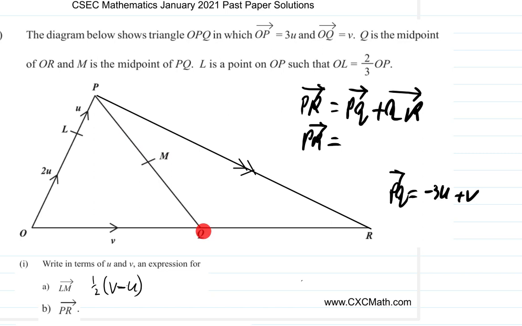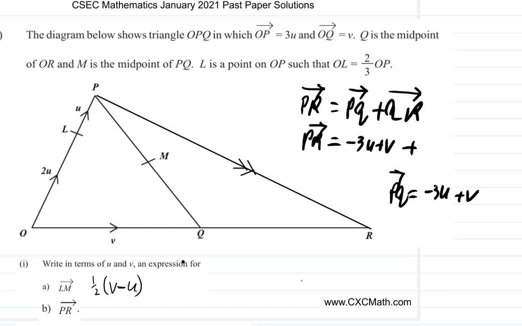Because going from P to Q is the same as going from P to O. P to O is negative OP. OP is 3U, so PO is negative 3U. And then O to Q is V. So PR is going to be PQ, which is negative 3U plus V, plus QR.